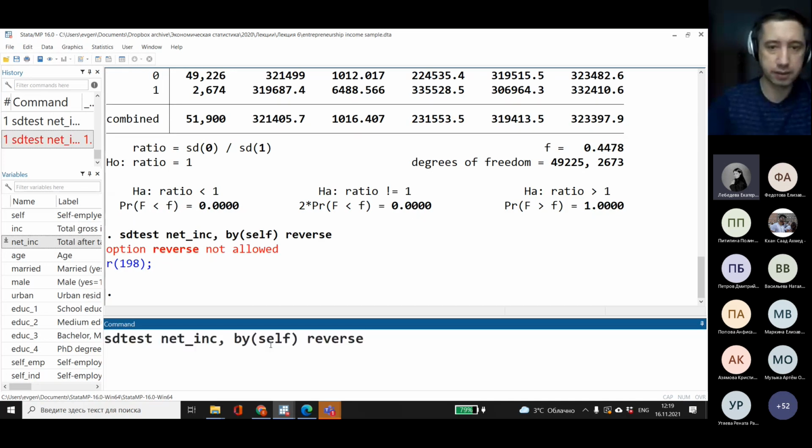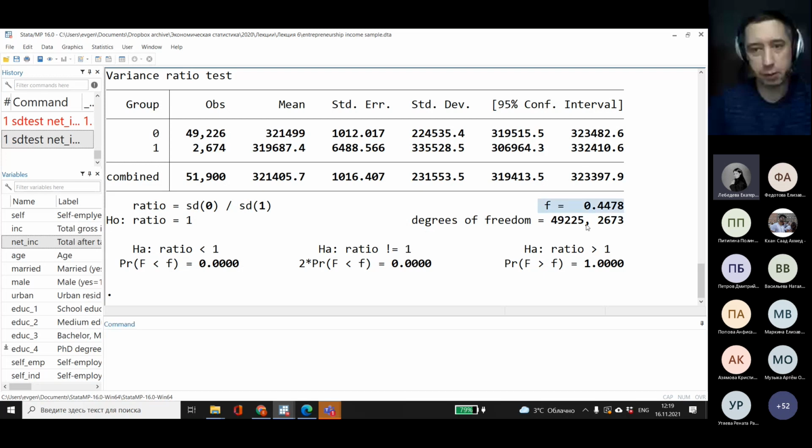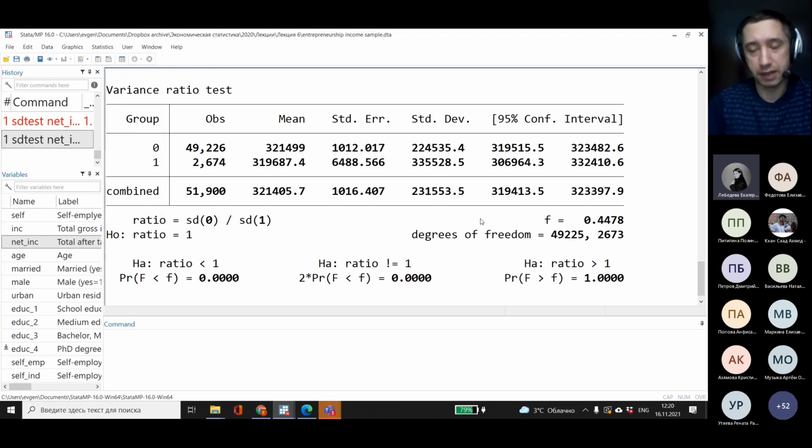No, it doesn't work here. Just remember, maybe for you, if you understand how this test works, you will see that sometimes we can reject the null hypothesis when the F value is smaller than the critical value, if we divide the smaller variance by the larger variance.